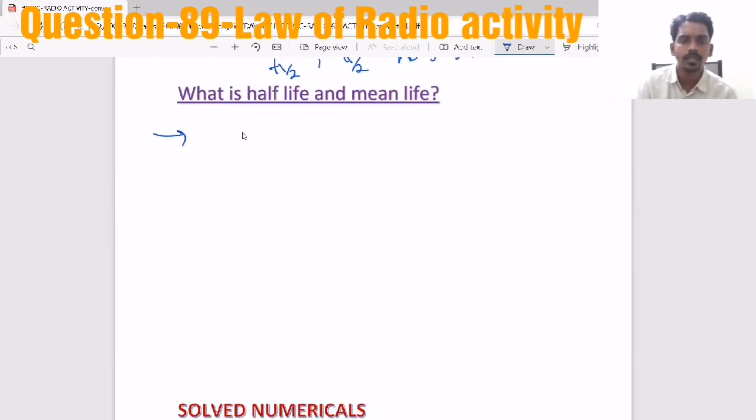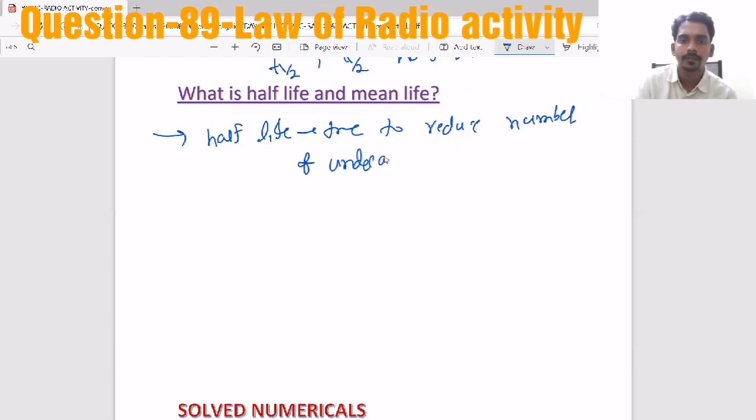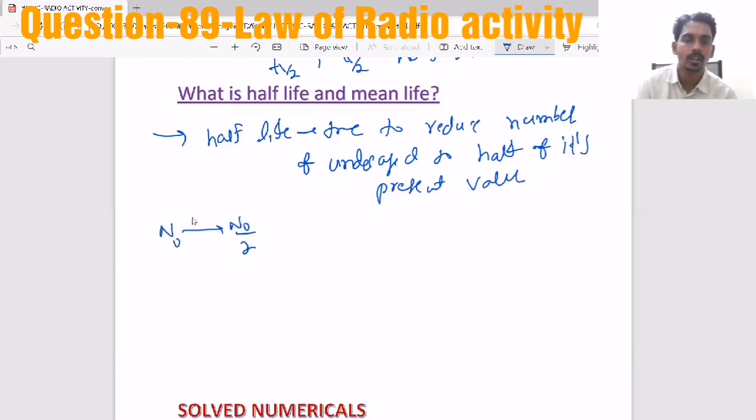Half-life means the time to reduce the number of undecayed atoms to half of its present value. Like initially n naught, now the number should decrease to n naught by 2. The time taken is called half-life.